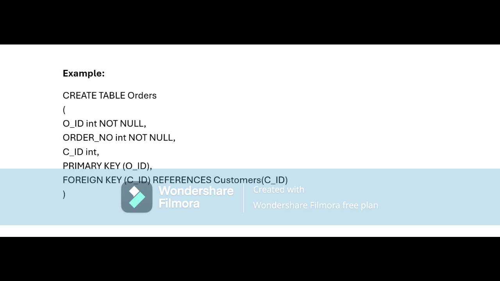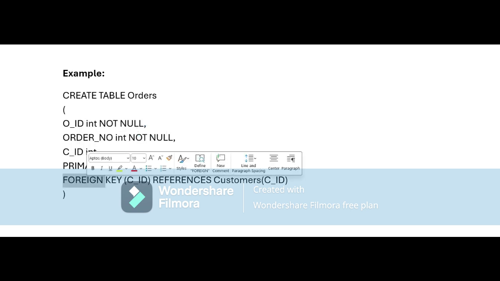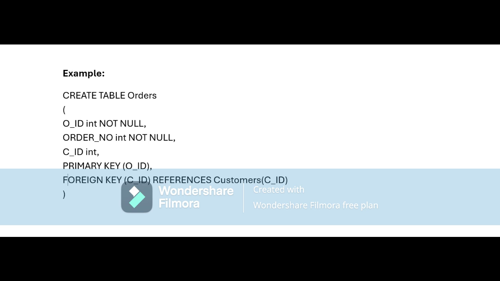So this is an example of creation of a table along with types, constraints, and primary and foreign key. We are applying primary key on OID and foreign key on CID. The same CID is a reference from the customer table, where it has a primary key.